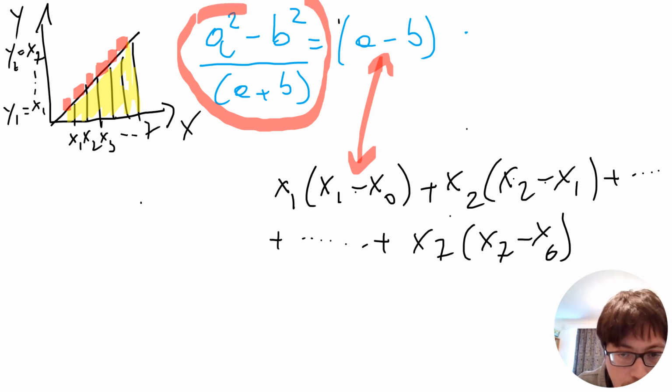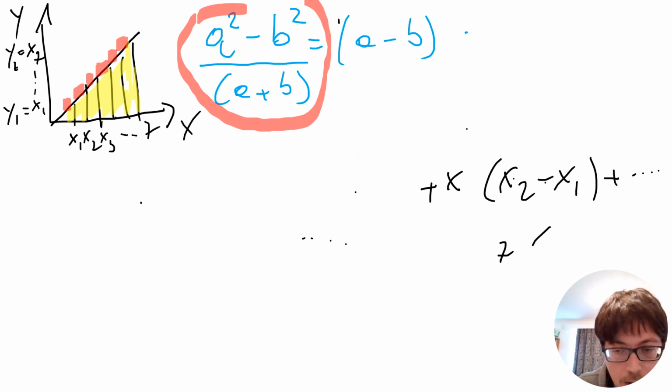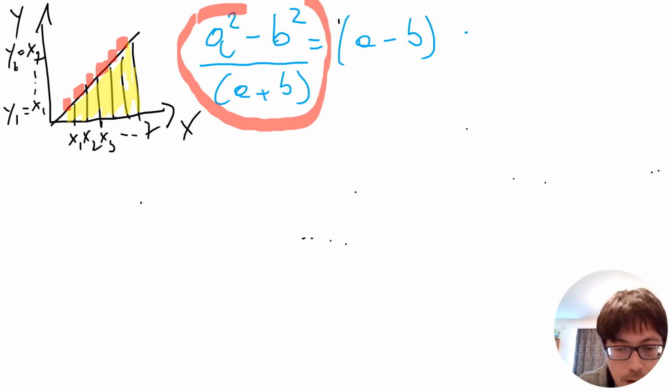So let's see if I can do one or two terms. Let's cancel this one. We remember it. It's a bit painful to do this, but anyway, hope it's not for you.